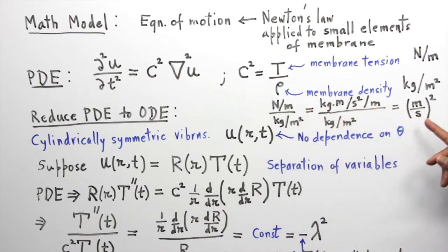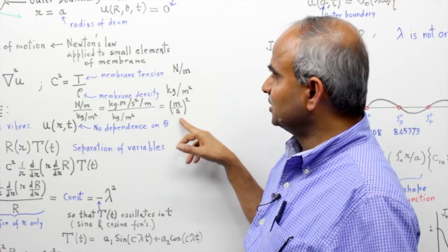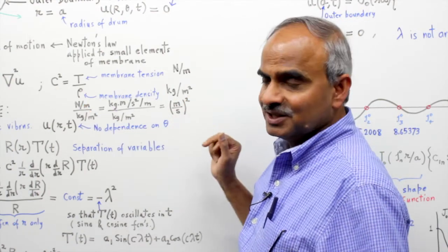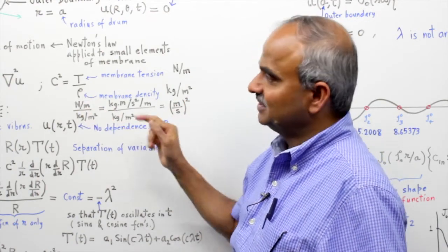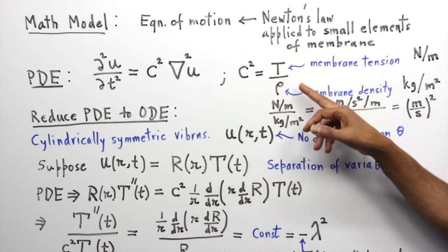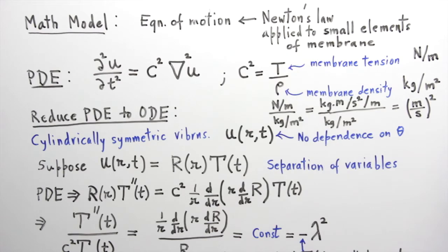And so if we clean this up, we'll see that the units are meters per second whole thing squared. So c has units of meters per second, or c has units of speed. Wave speed is how you can remember it. It depends in this way on the properties of the problem.